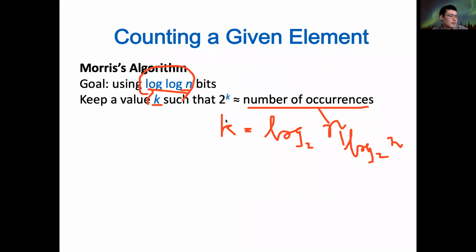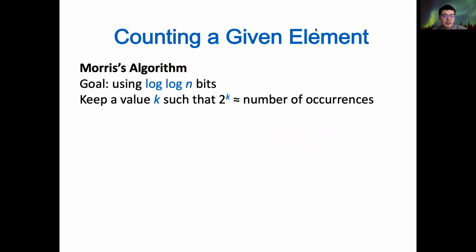That's the idea. Instead of using k to represent the number of times, you want a k so that 2 to the power k is about the number of times. Again, don't even use it in reality. It's just an algorithm showing that you can design some fancy space-saving method. In reality, just maintain a 64-bit counter, and whenever you see your item, you increment.